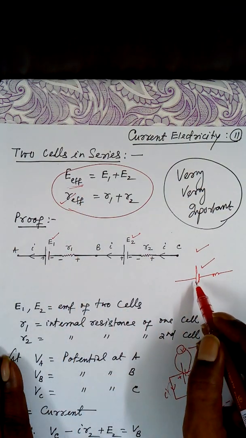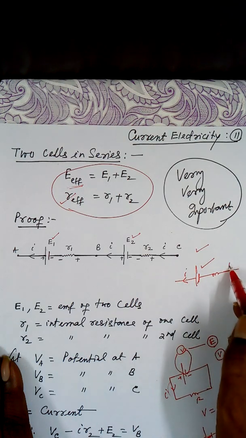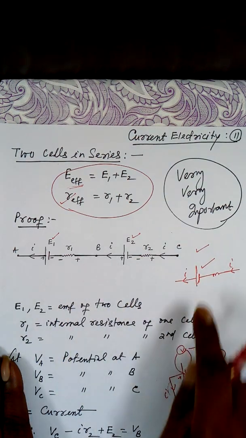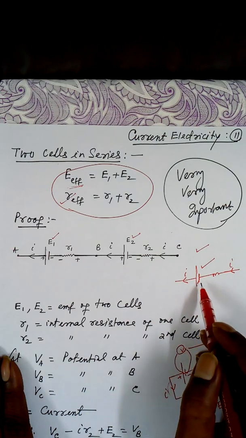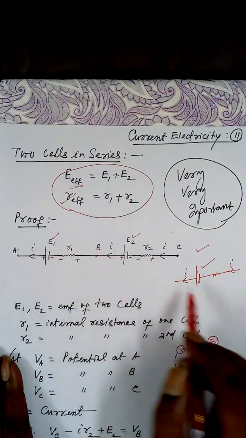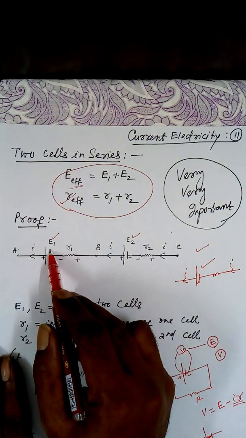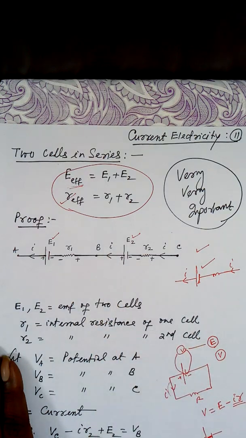By doing so, it will draw the same current I. Means this can be replaced by this, provided the E of this is the sum of E1 and E2, and the R of this is the sum of internal resistance of this and internal resistance of this. That is what we are going to derive.